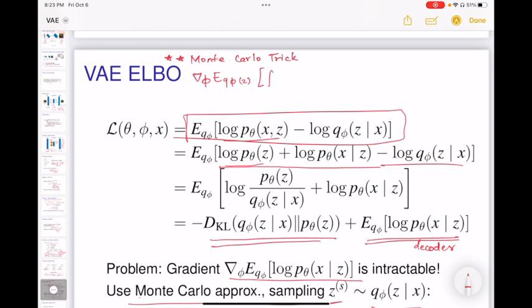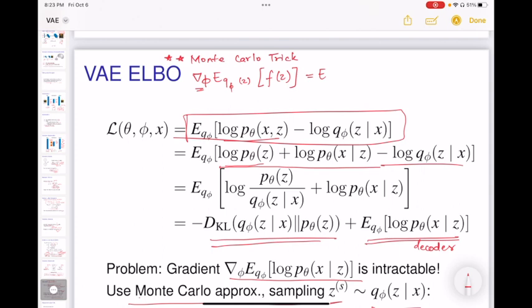want to compute over a function f of z. So the function is over z and the expectation is over q with parameters phi of z, and we need to calculate the gradients with respect to the parameters phi, right? So this can also be written as taking the expectation outside the gradient calculation step.